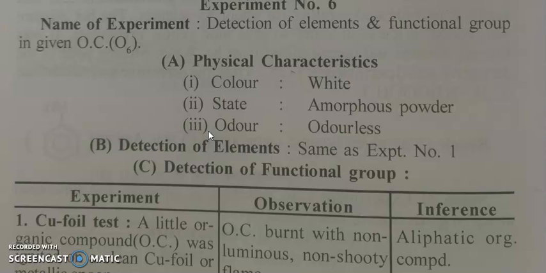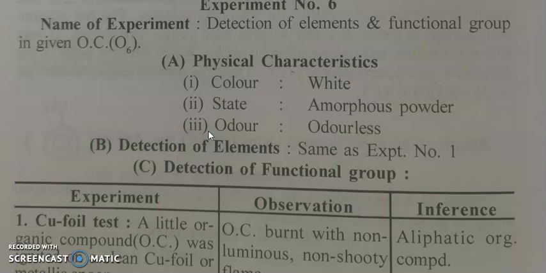1 milliliter sodium extract was first acidified with dilute acetic acid and then lead acetate solution was added to it. No black precipitate was obtained, meaning sulfur is absent. Test for halogen: 1 ml sodium extract was boiled gently with about 2 milliliters concentrated nitric acid for a few minutes.